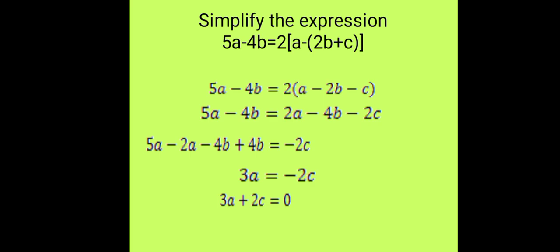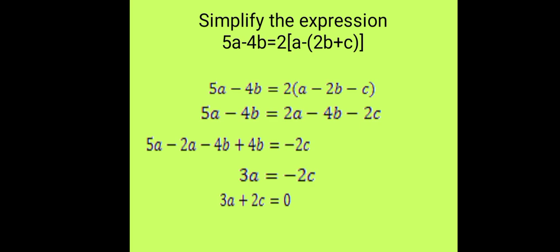So we have a negative inside that bracket of 2b plus c. That one negative multiplied by 2b becomes negative 2b, and that one negative multiplied by positive c becomes negative c. So multiplied by the 2 that is outside the brackets, we have 2a plus 4b plus c. The other part we cannot simplify for the time being.